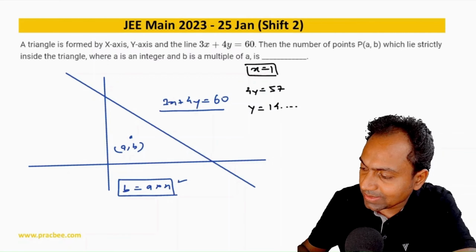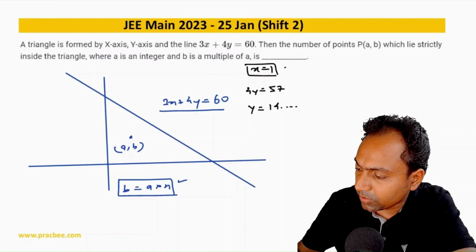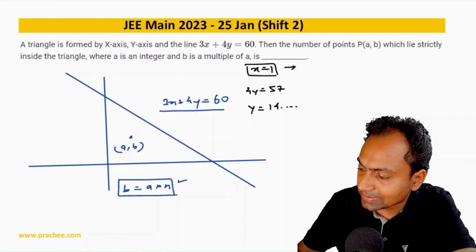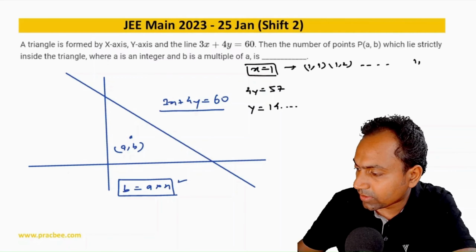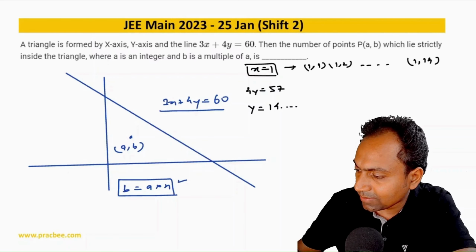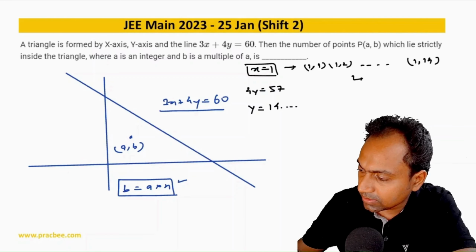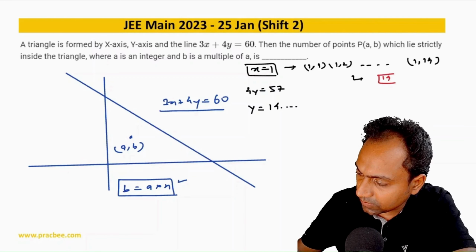So for x equal to 1, the possible points that can lie inside are 1 comma 1, 1 comma 2, and we can go till 1 comma 14. You can see that there are 14 such points for x equal to 1.